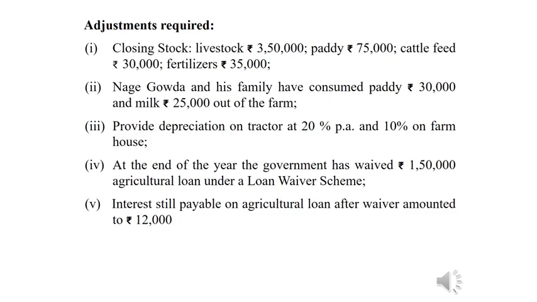Fifth adjustment says interest still payable on agricultural loan after waiver amounted to rupees 12,000. After loan waiver also, the farmer has to pay interest rupees 12,000. It is still payable, that is outstanding. So this information has been given.